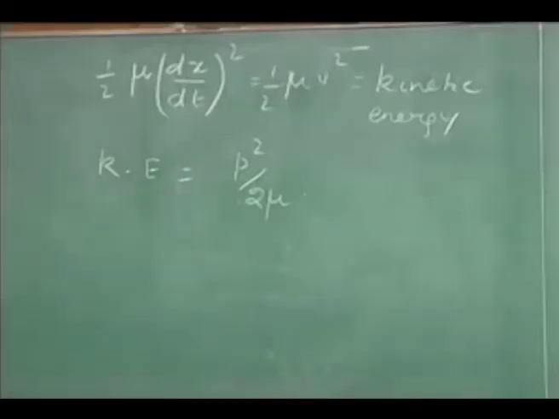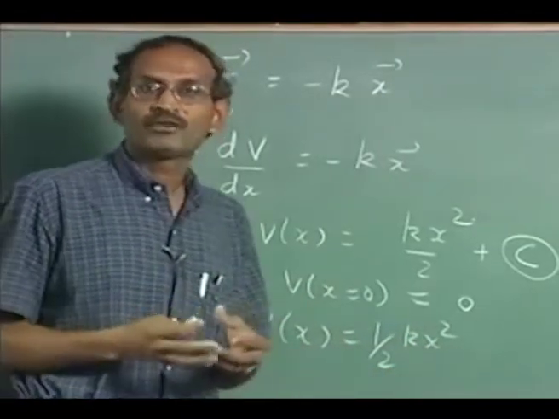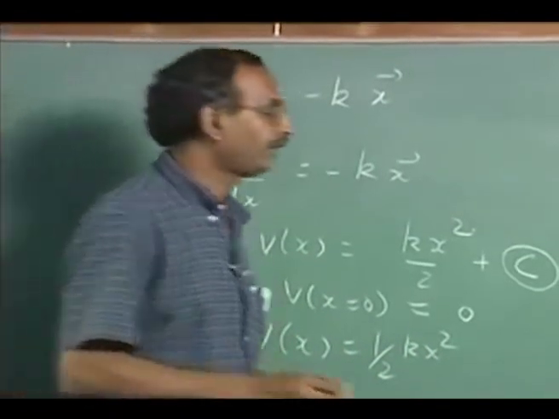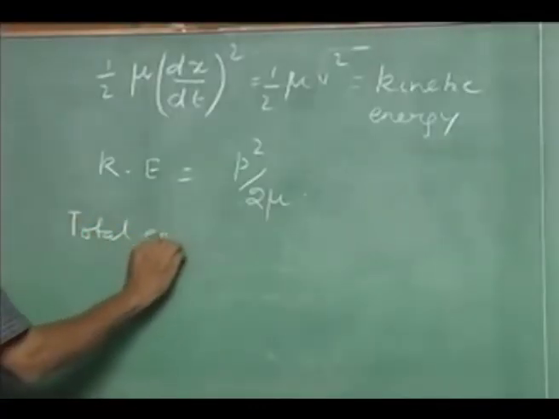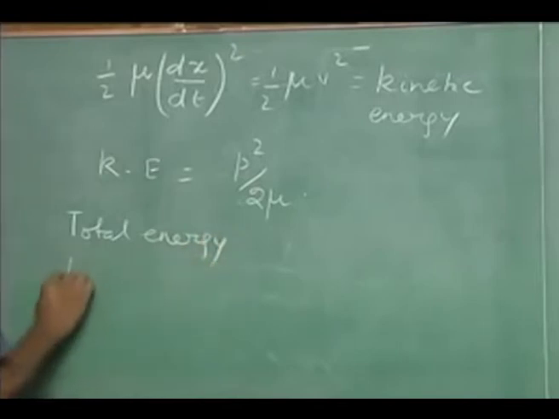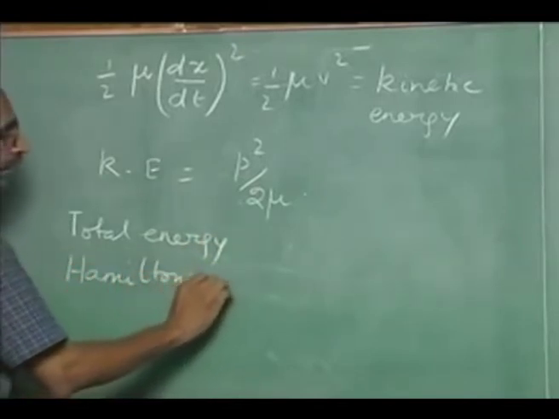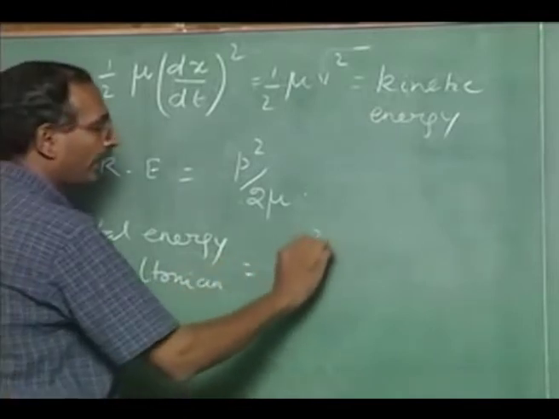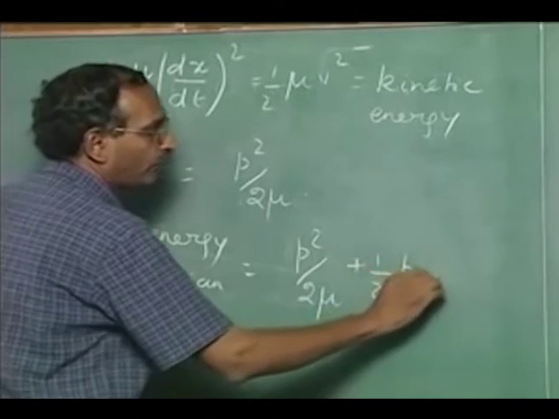This plus the potential energy represents the total energy, and one can write the total energy, or the Hamiltonian in classical mechanics, for the harmonic oscillator as p squared by 2 mu plus half kx square.